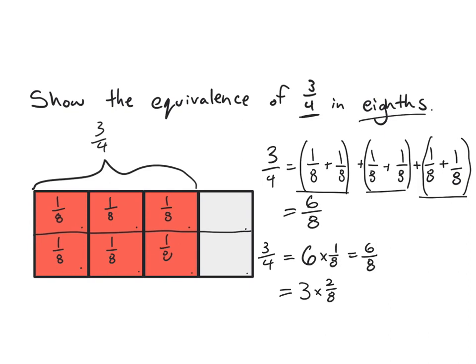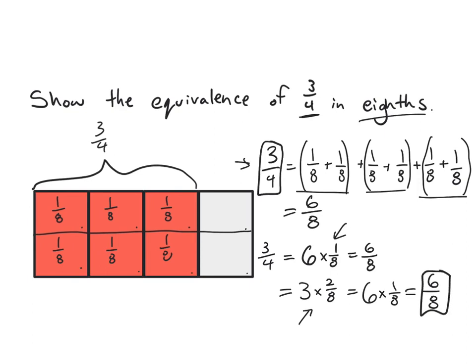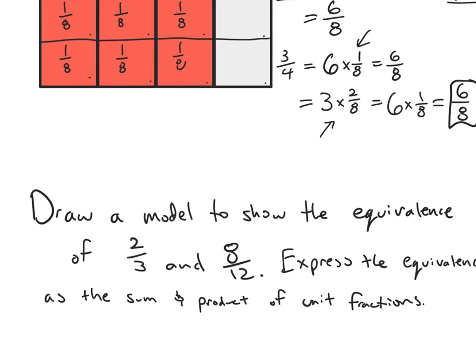So really 3 times 2/8 is the same as 6 times 1/8, which of course is the same as 6/8. So I have all these different ways that I can represent the equivalence of 3/4 to 6/8. Each of them is correct, but we have lots of different options to show that equivalence visually and numerically. So let's go ahead and move on to our next example here.